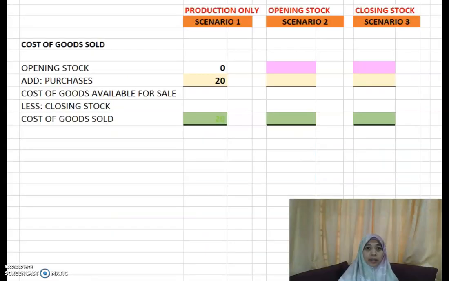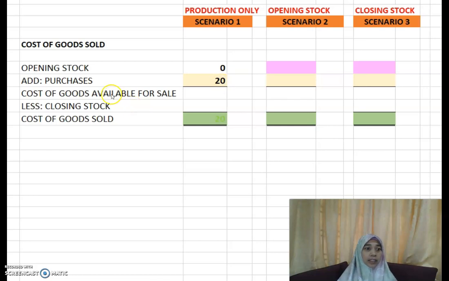To illustrate this, so that you will understand this better, we will look into three different scenarios. In scenario 1, you have the production. You don't have any opening stock. You don't have any closing stock. So for your cost of goods sold, it depends whether you purchase or you produce.